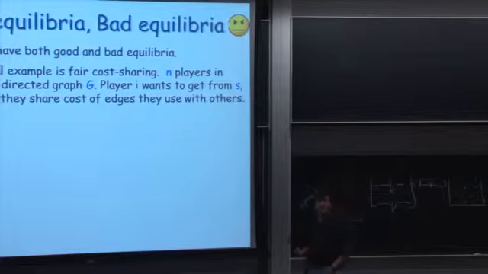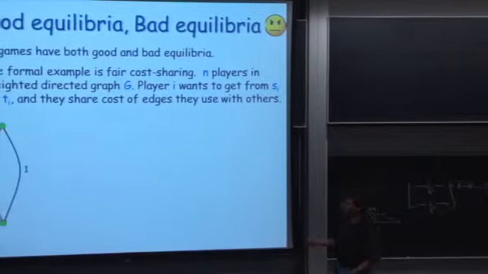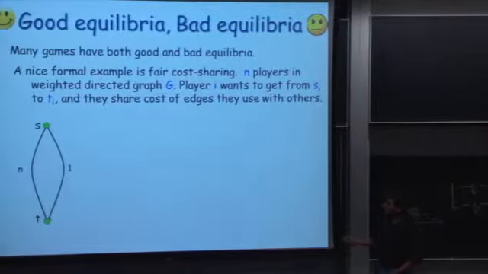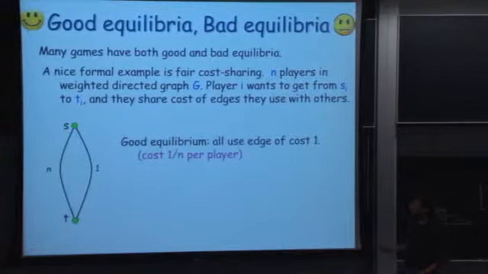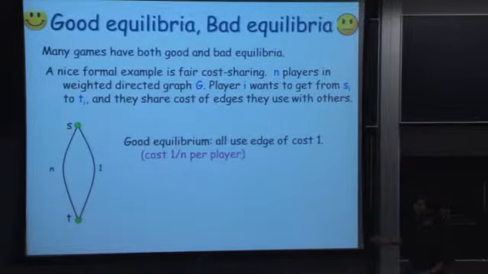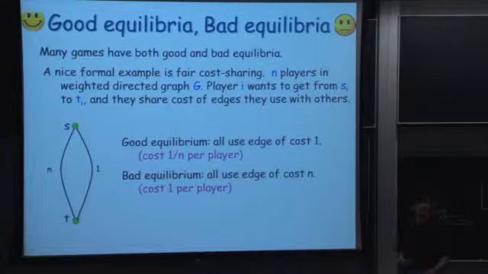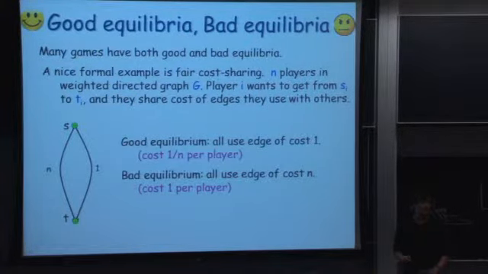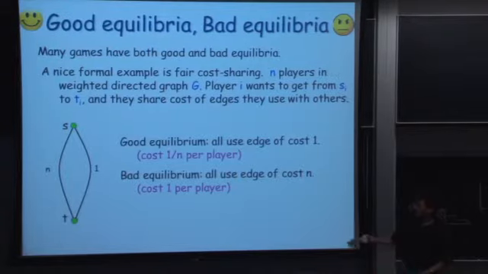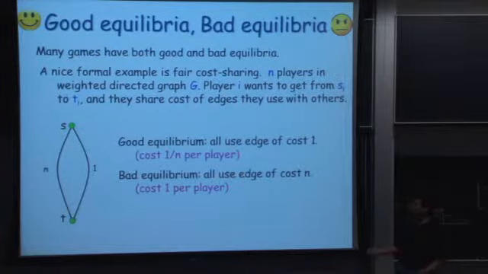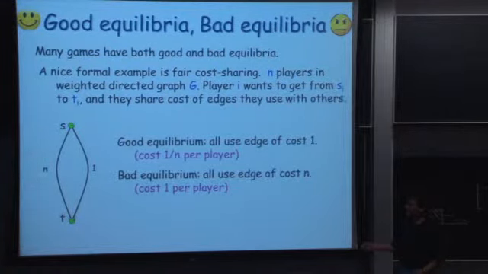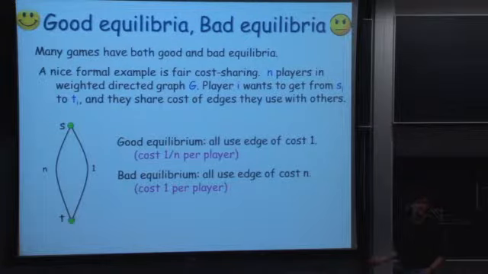These games can have good equilibria and bad equilibria. A simple example is two nodes, with one edge of cost 1 and one of cost n. A good equilibrium is all n people split the edge of cost 1. A bad equilibrium is all n people split the edge of cost n. If n people split the edge of cost n, you each pay 1, and no individual person has incentive to deviate to the edge of cost 1.